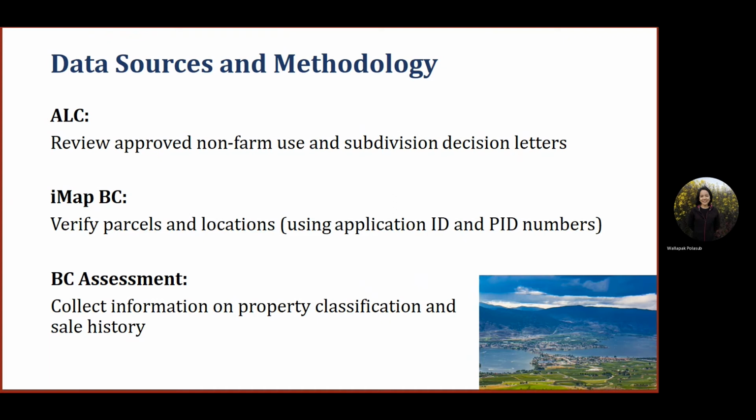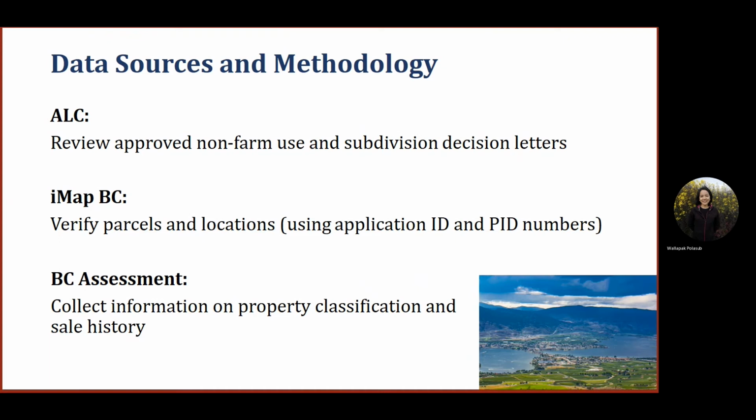These letters are in digital form and can be downloaded from the ALC website, so it's publicly available. Then with these letters, we were able to get information about the applications, including the location of the parcels under those applications. Each land parcel has a unique identification number, or the PID.